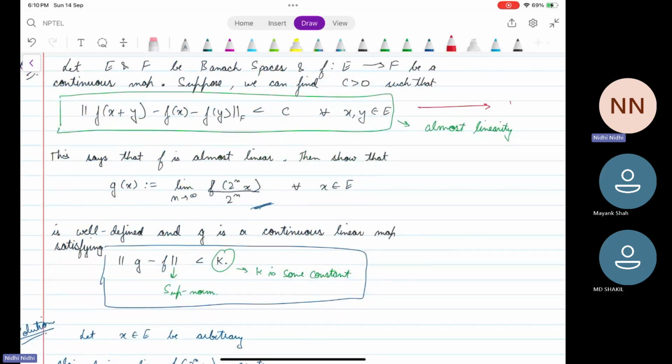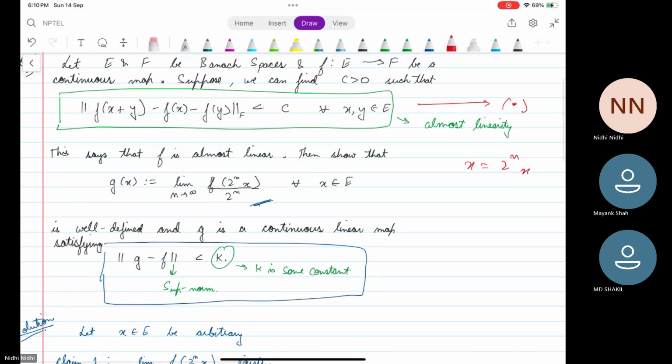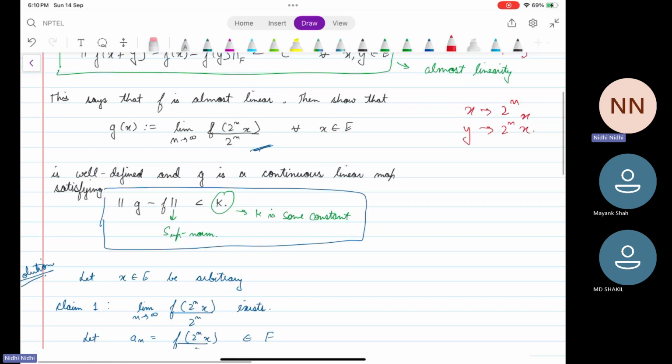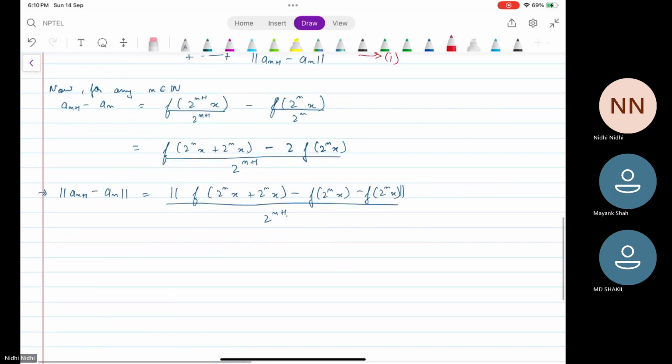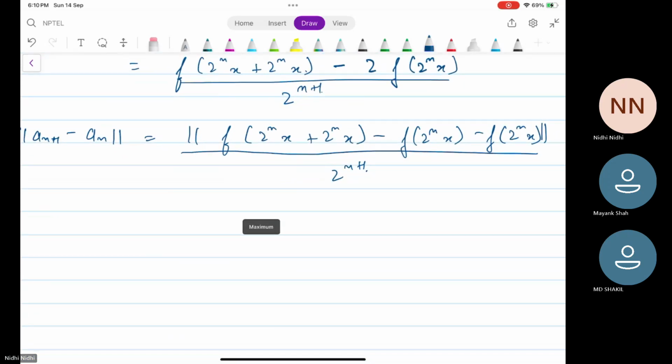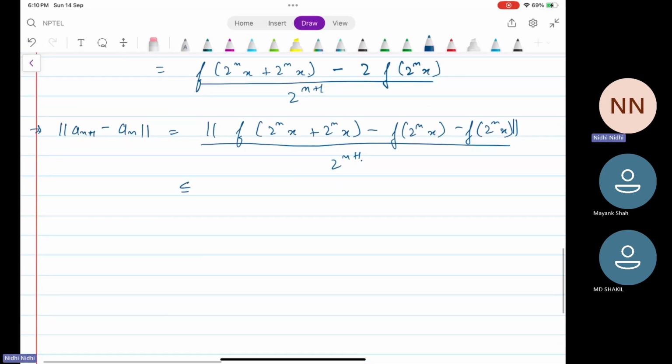If I mark this as star, taking x equal to 2^n x and y also 2^n x, from here we get this is less than or equal to C upon 2^(n+1).